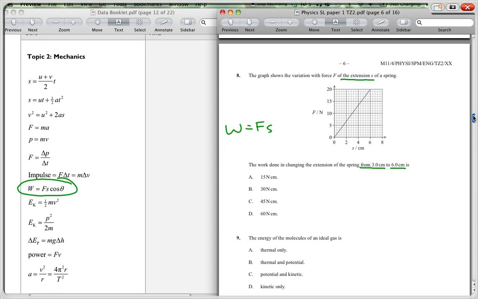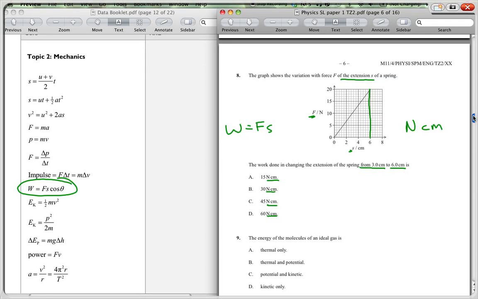So here we are going to have a multiplication, and that is going to be my area. If I find my area, it's going to be an F times an s value. It will be a Newton times a centimeter. We're actually given it here, aren't we? So that really is a clue also. We're dealing with the area.